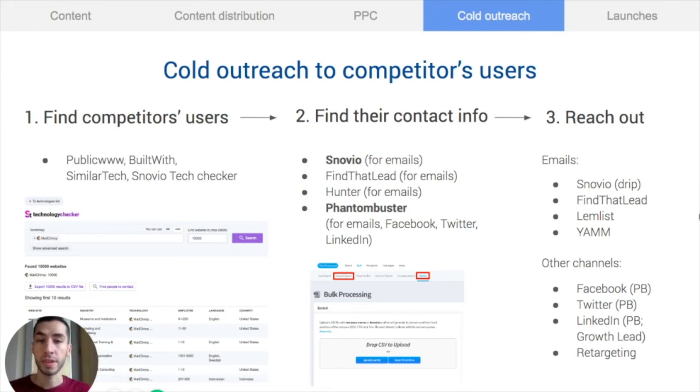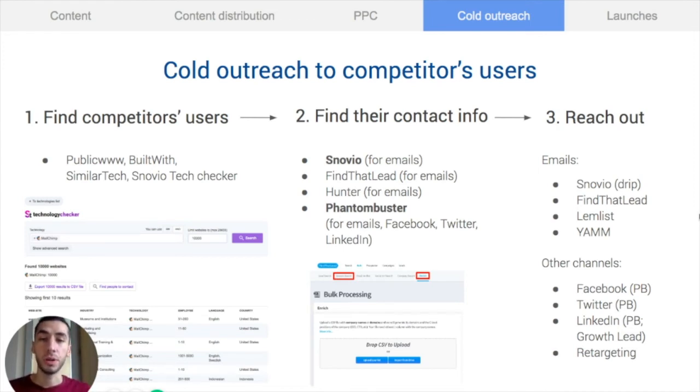For example, I recommend Snov.io because it's a really all-in-one platform, called an outreach platform, that allows you to first find your competitors' customers, then find their information or emails of the decision makers at those companies, and then build a drip email campaign to target those users. Also, some of the alternatives for finding email addresses are Find-That-Lead or Hunter.io.